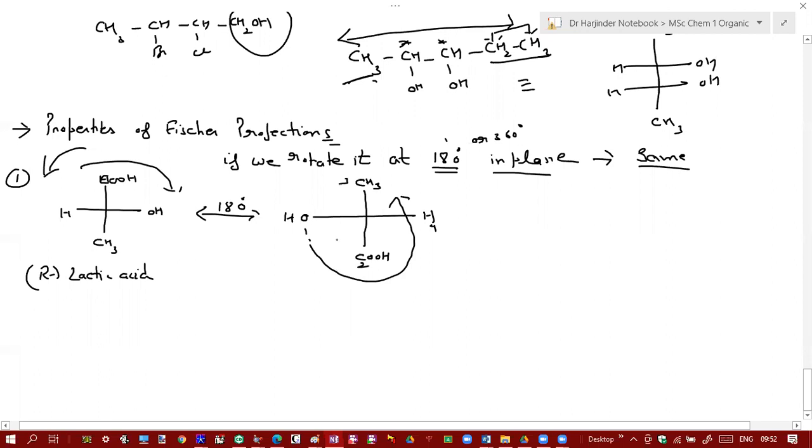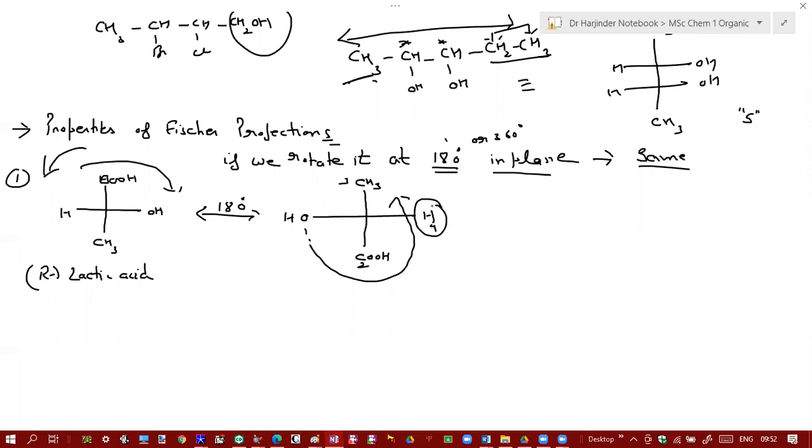Anti-clockwise, so from the direction of rotation it is expected to be S. But since your lowest priority group is on the horizontal line, and the horizontal line represents above the plane, you have to write the opposite configuration.